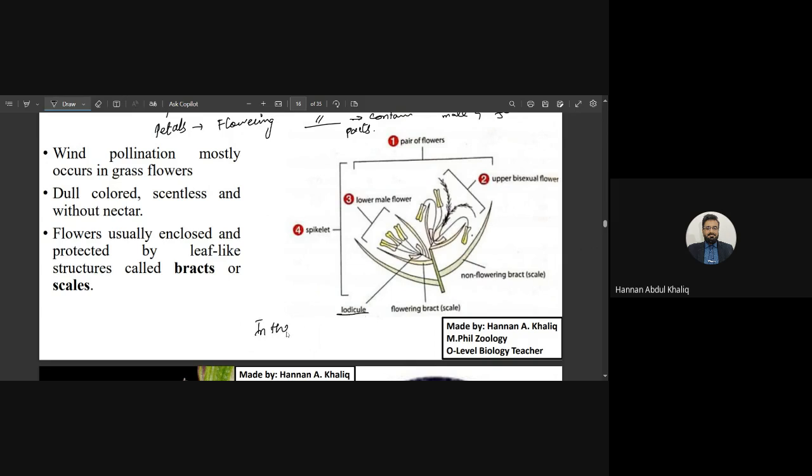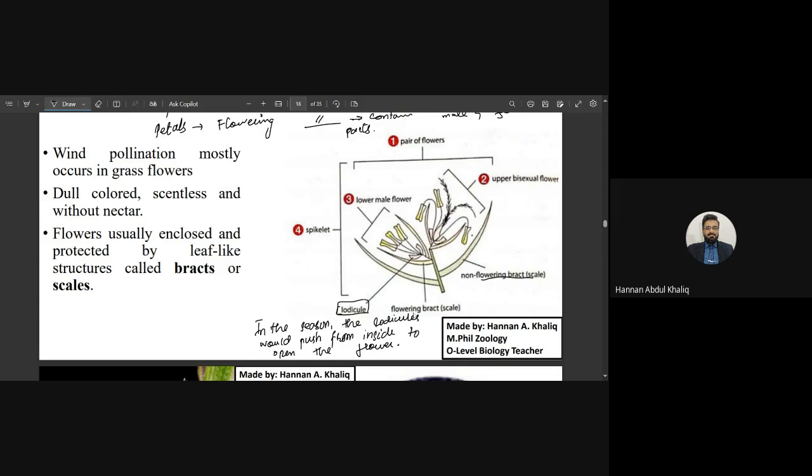In the season, the lodicules would push from inside to open the flower. So these lodicules are pushing, so the non-flowering bracts would open and the flowering bracts would also open.